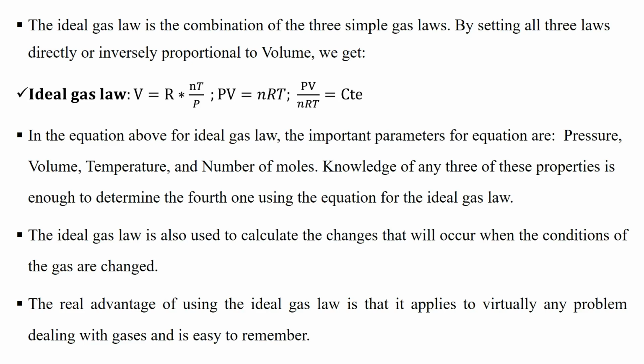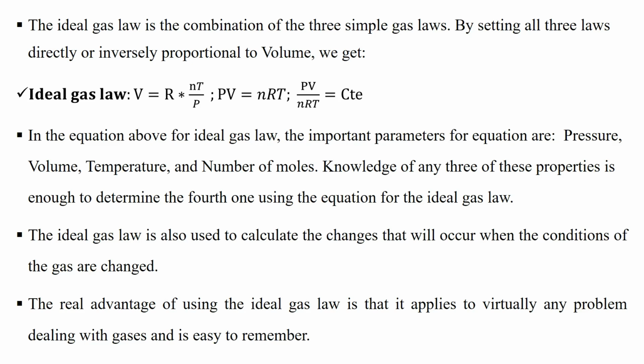We can then arrange this equation where V, or volume, is equal to R as the proportionality constant, or gas constant, times n times the temperature over pressure. That means that pressure times volume, PV, will be equal to nRT, the number of moles times the gas constant times the temperature. Then pressure times volume over the number of moles times the gas constant times temperature will be equal to a constant.